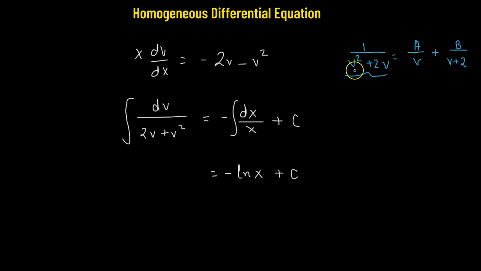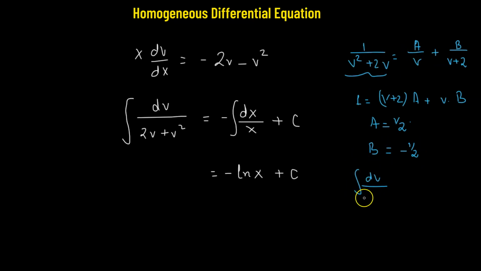Multiplying throughout with v squared plus 2v, that's going to give us 1 equals times v plus 2 times a plus v times b. In order to find a, we'll let v equal 0. So that is going to give us a equals half. And to find the value of b, we will let v equal negative 2, such that b will be negative half.